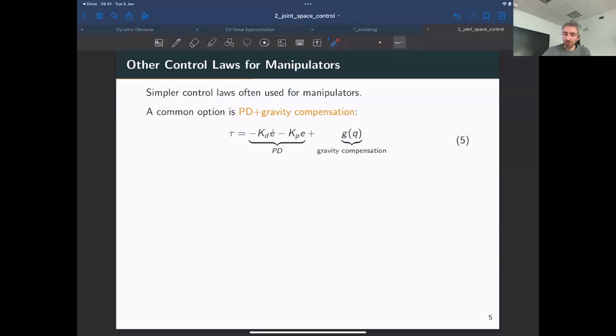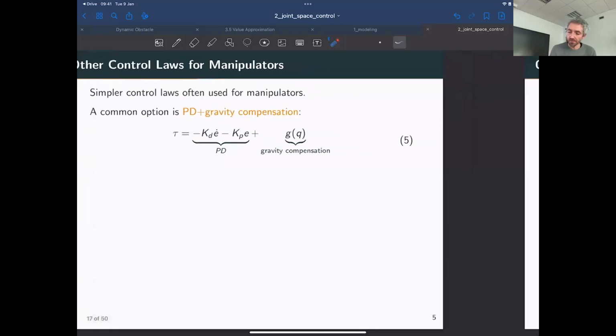And then you're controlling everything else with a proportional derivative term. So with respect to the previous one, you're not compensating for Coriolis and centrifugal forces, and you're not accounting for the mass matrix. And if you have an industrial manipulator with high gear ratios, typically this works very well.